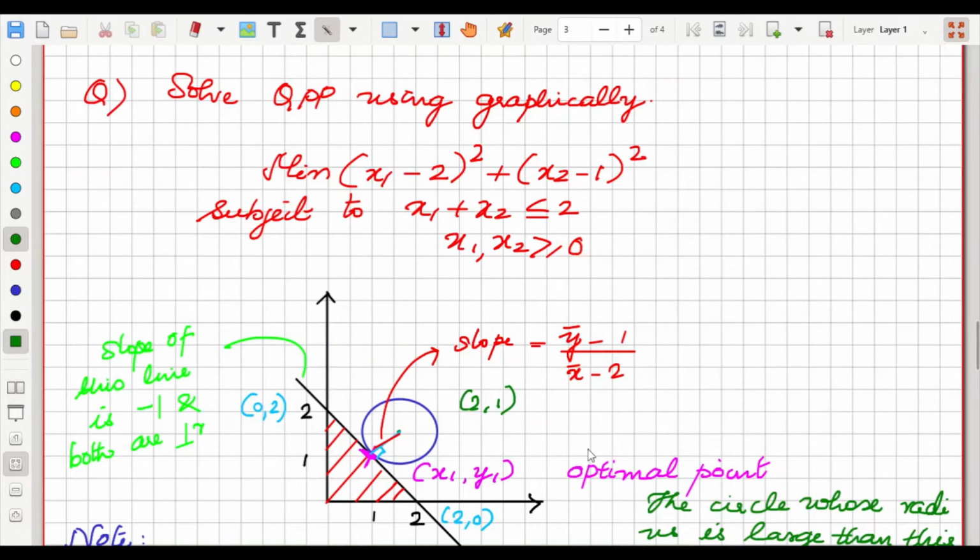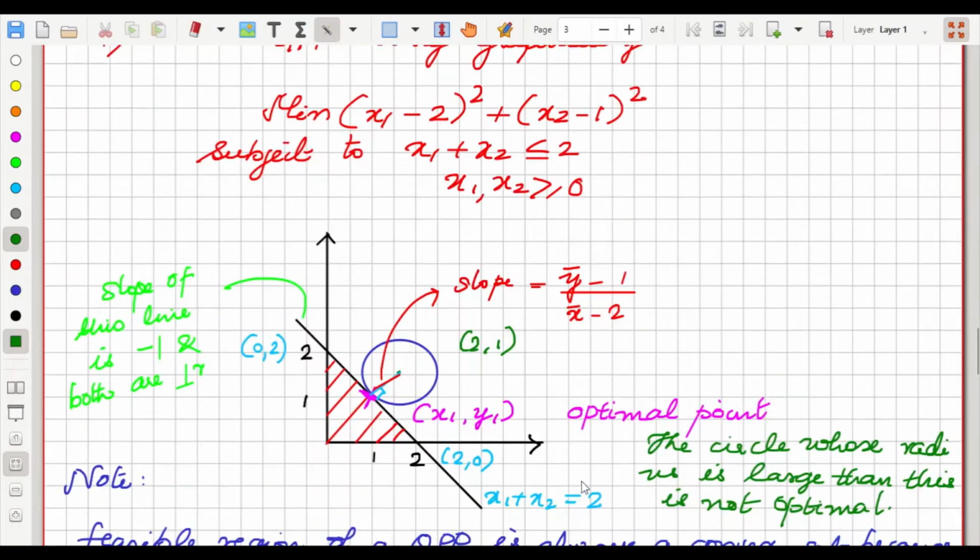So once we plot this, the line represents x1 plus x2 equal to 2. Our objective function is a circle, like x square plus y square. How will you find the slope?